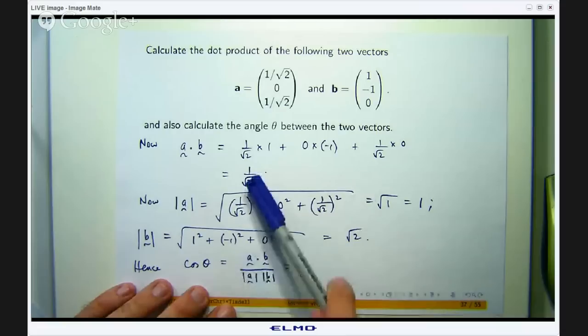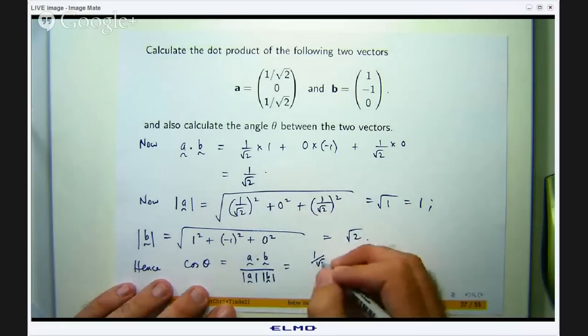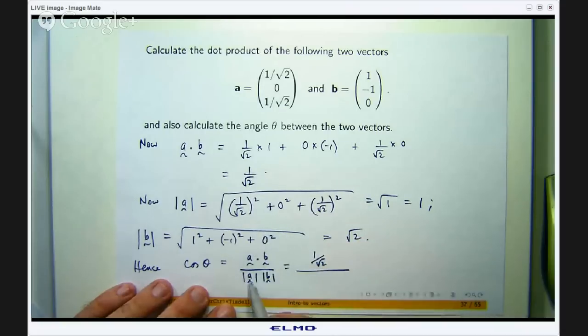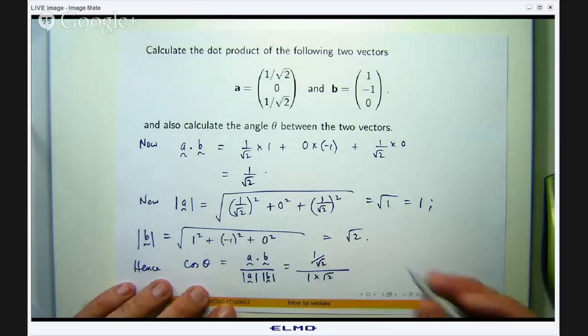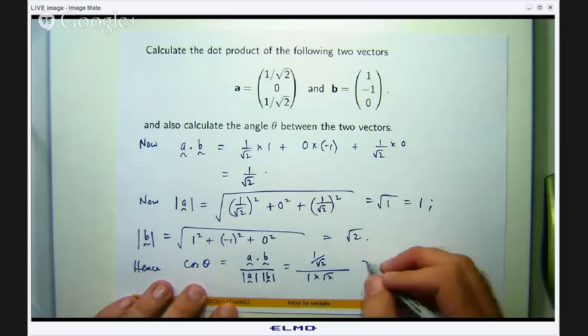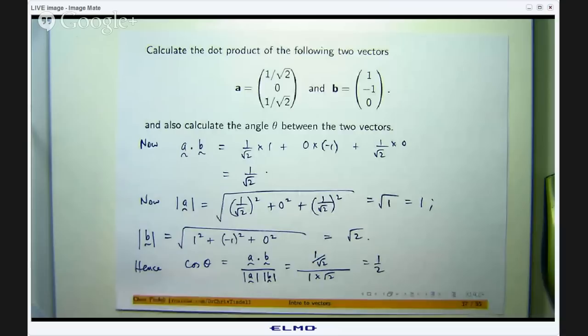All right, so the dot product is 1 on root 2, and the product of the lengths is just 1 times root 2. So if I clean that up, I'll get 1/2. So I know the cosine of the angle between the two vectors A and B is 1/2.